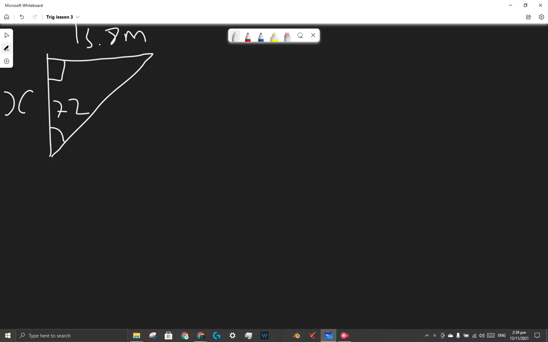Actually, I'll be teaching you guys how to do it. So first of all, we have to label the sides, which is from lesson 1. Notice that the hypotenuse isn't labeled. That really just means you don't need the hypotenuse for this, because you're looking for x. So we have this opposite side here, and we have our adjacent.